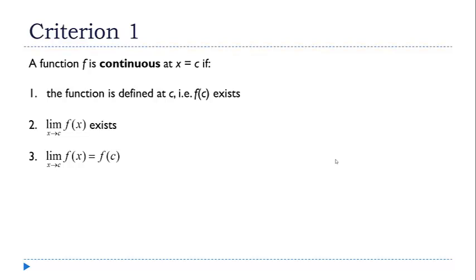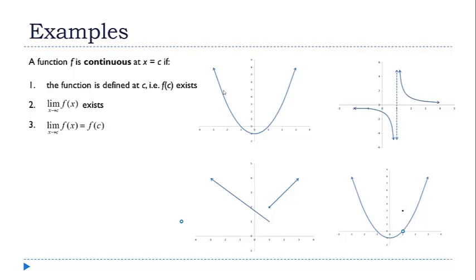Our last requirement is that not only does the limit have to exist, but it has to actually equal the value of the function at that specific x value. So graphs 2 and 3 here, we've already ruled out. This one based on not meeting criterion 1, and this one based on not meeting criterion 2.